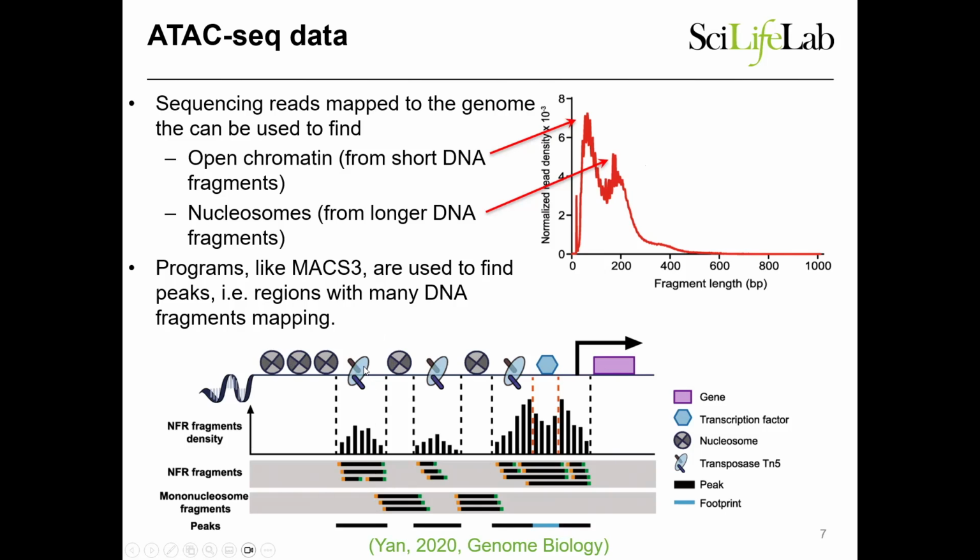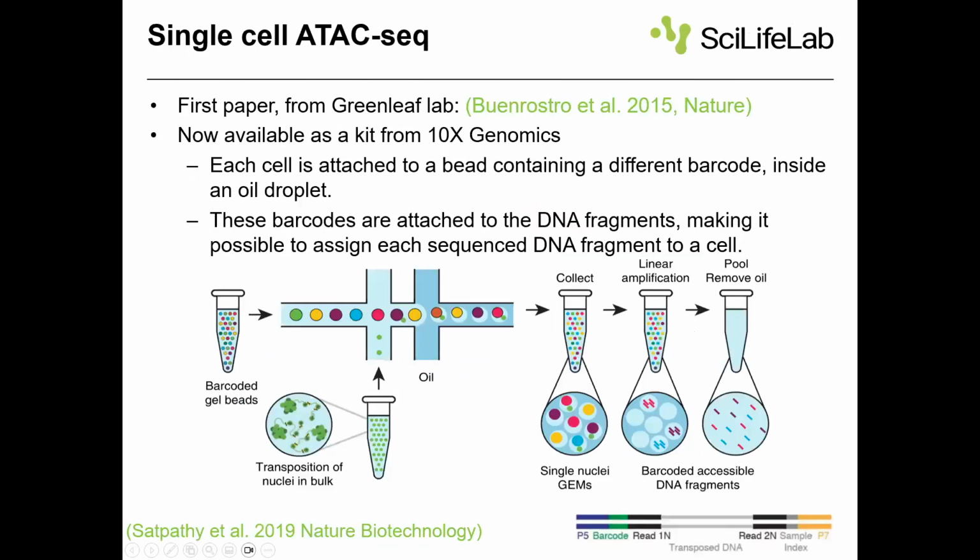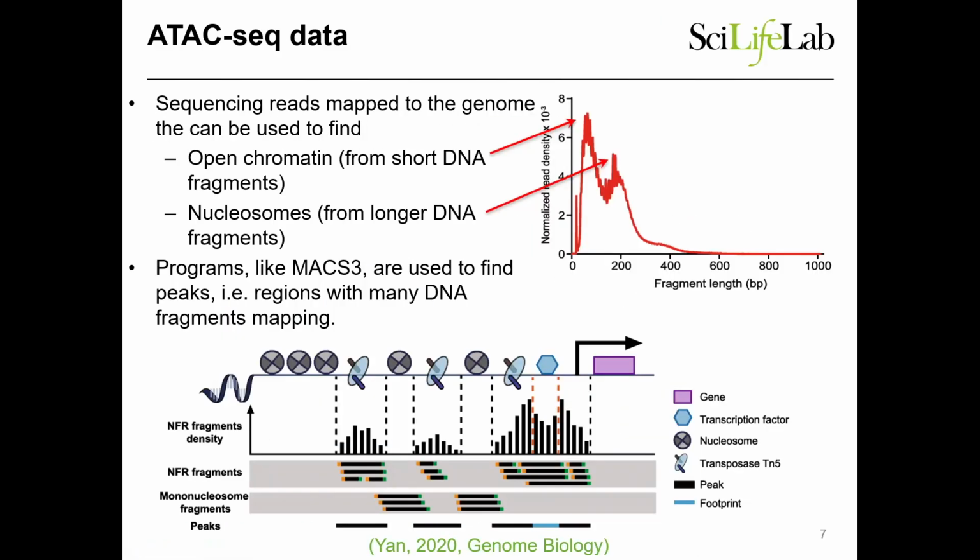If you get a read just spanning this region, these reads are typically quite short, and they stack on top of each other and form a peak. If you have a read spanning from here to here, these reads are longer, and they are not what you're interested in. Yeah, so this is basically how ATAC-seq works.